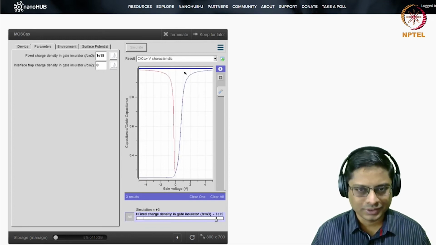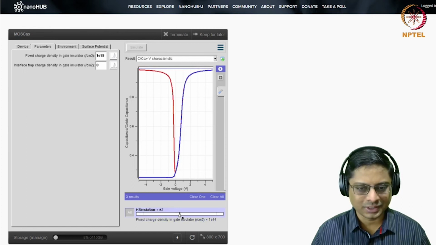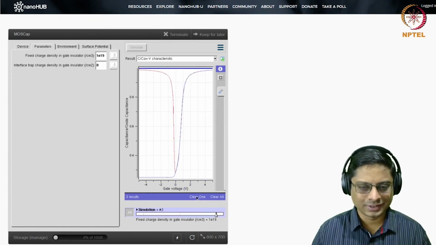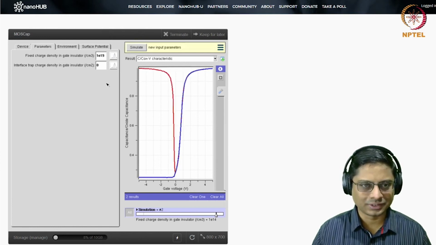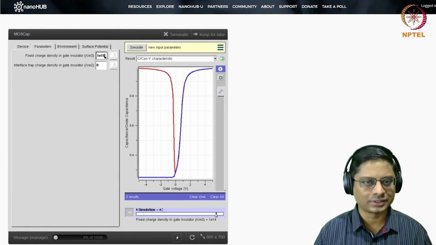Something went wrong. This charge is too high. The CV has completely broken off because this is too high probably. So I should not have done that. I'll clear this simulation. And now, instead of 10 power 16, I'll take a smaller value.